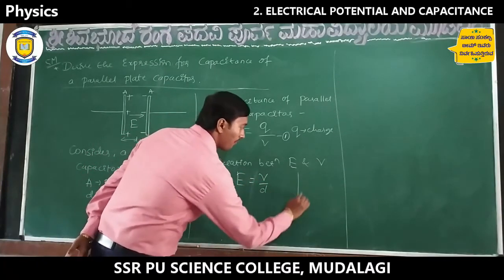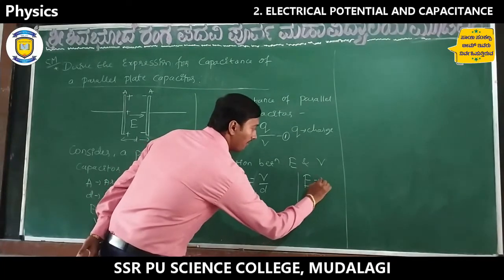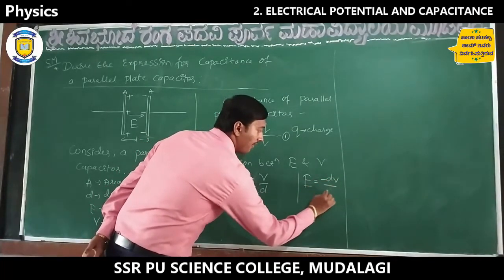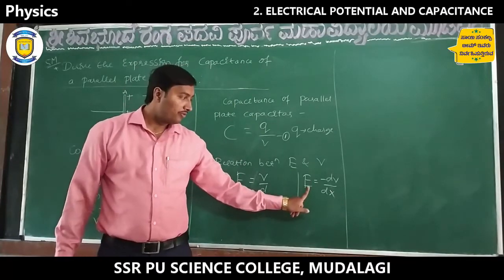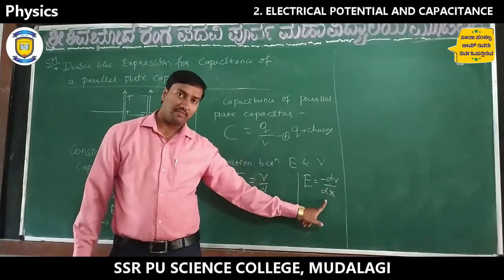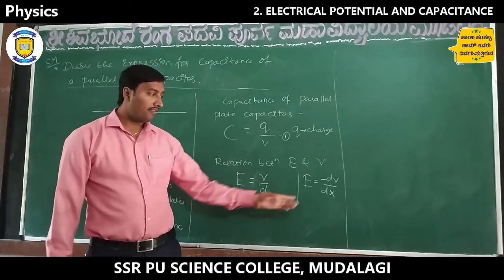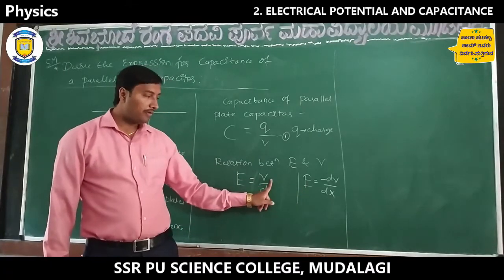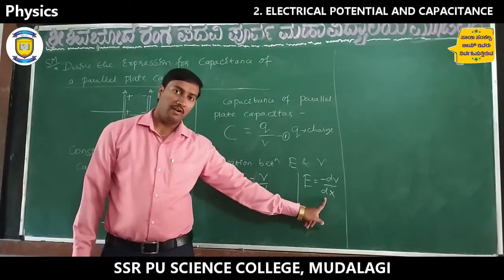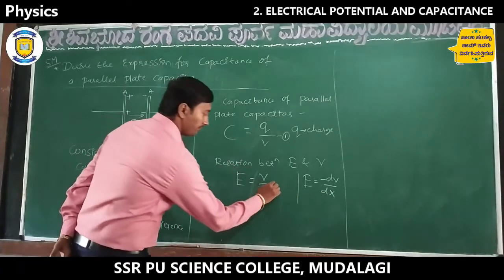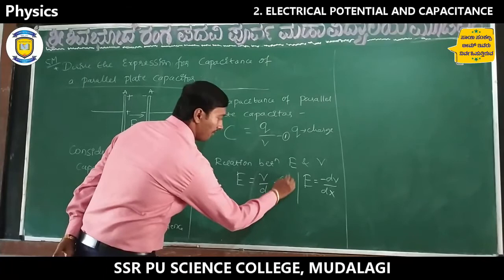It comes from E equal to minus dV by dx. Taking the magnitude, the minus sign is eliminated. V means potential, d means distance, and dx is also distance. This is equation number 2.